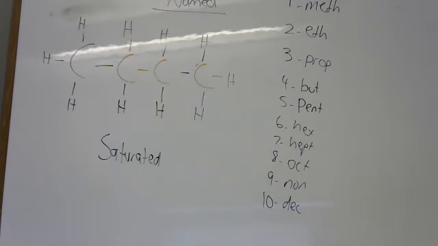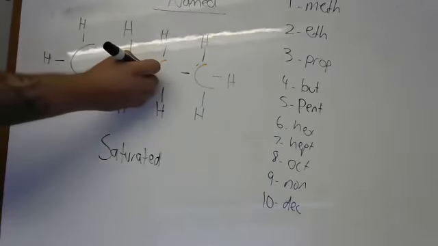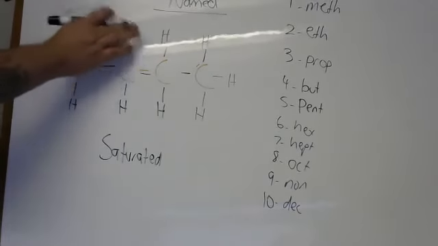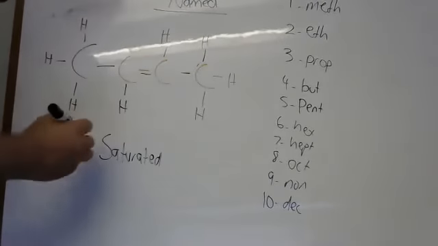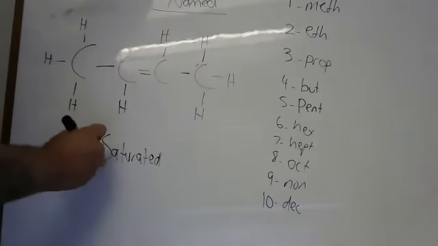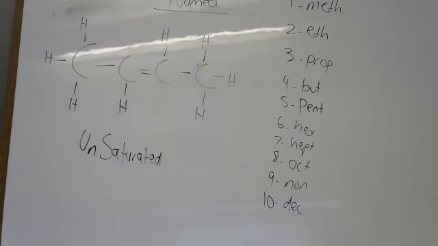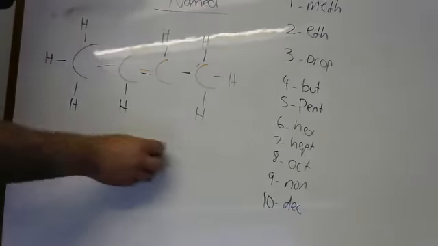An alkene is an unsaturated hydrocarbon. Unsaturated hydrocarbons are not completely surrounded. Okay.